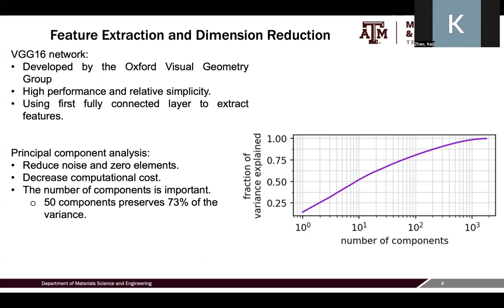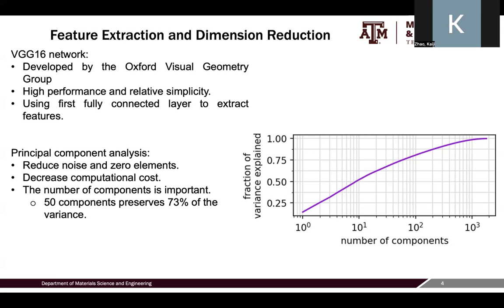For the pre-trained CNN, they choose the VGG16 network, which was pre-trained on the ImageNet database. They choose this CNN because of its high performance and relative simplicity. And they choose to use the first fully connected layer of the VGG16 to extract features.